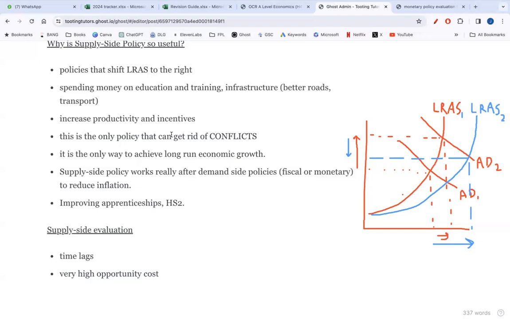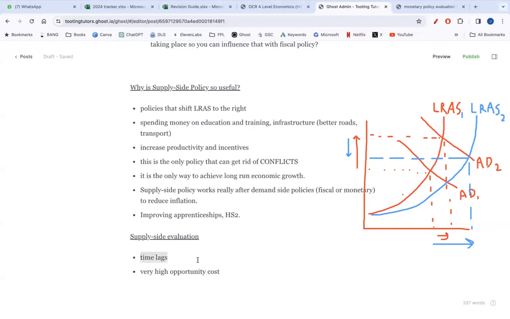Whereas monetary policy doesn't involve any spending, and fiscal policy involves a bit of spending, but not that much compared to supply side policy. I would just stick to these two, to be honest.